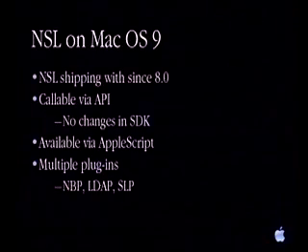So it's in the classic Macintosh operating system so that your servers can register on the network, and client applications that you write can connect to your servers, or other services such as AppleScript that take advantage of NSL can access your servers over the network as long as you register.